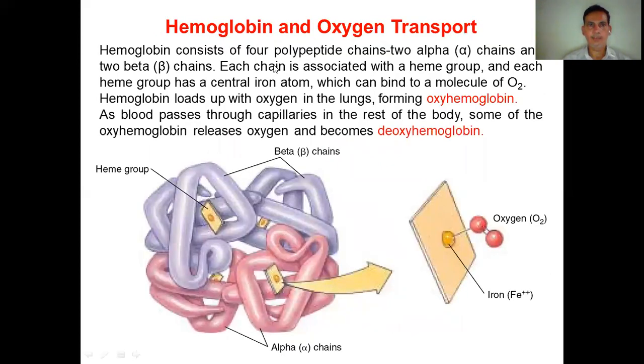Okay, so what we have now is hemoglobin and oxygen transport. Hemoglobin consists of two chains of alpha and two chains of beta. Each chain is associated with a heme group, and this heme group has a central iron atom, and this iron atom can bind to a molecule of oxygen.